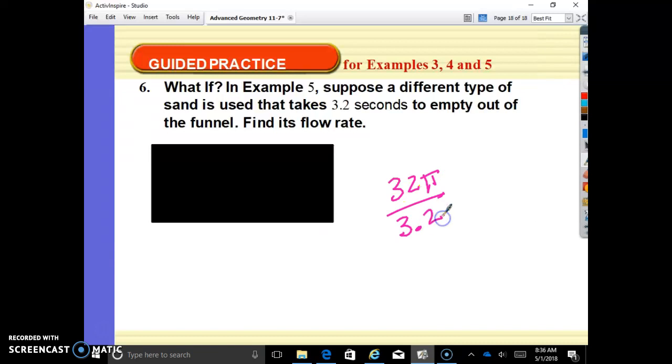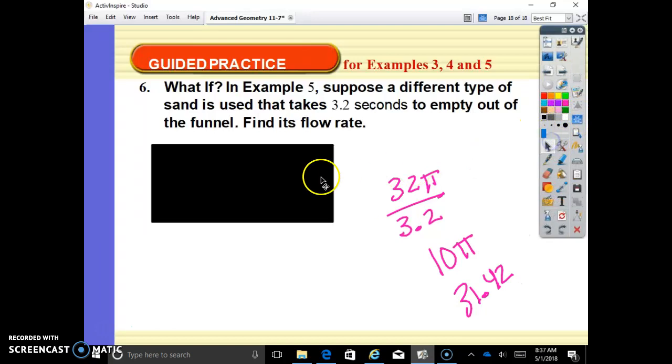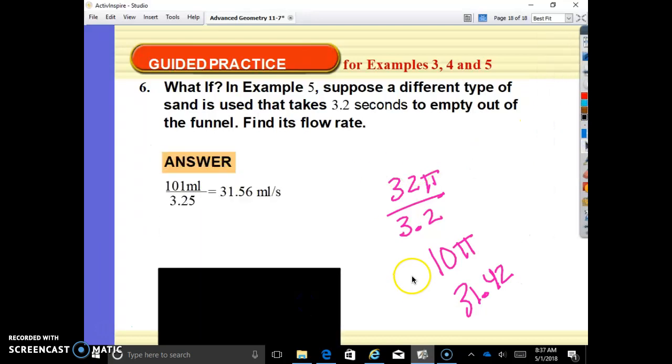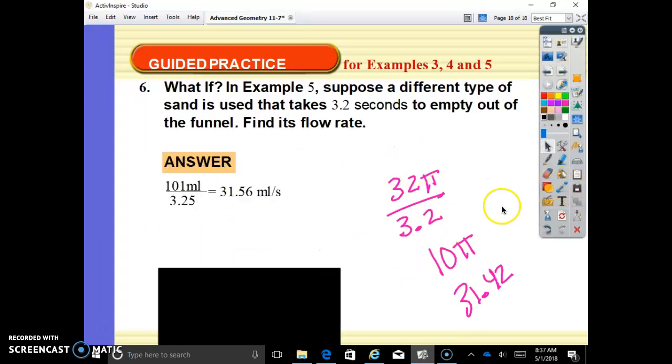So divided by 3.2. 32 divided by 3.2 is 10. So we're going to have 10 pi, or 31.42 is our new flow rate. All right, and do not prematurely round.